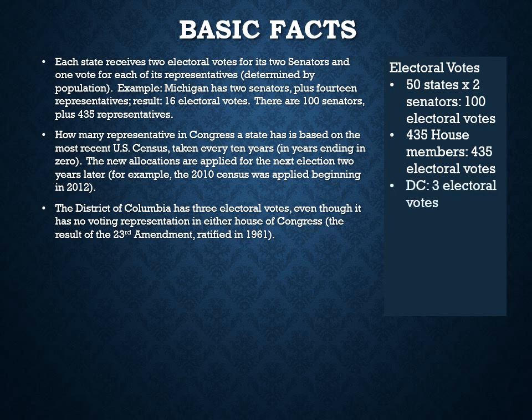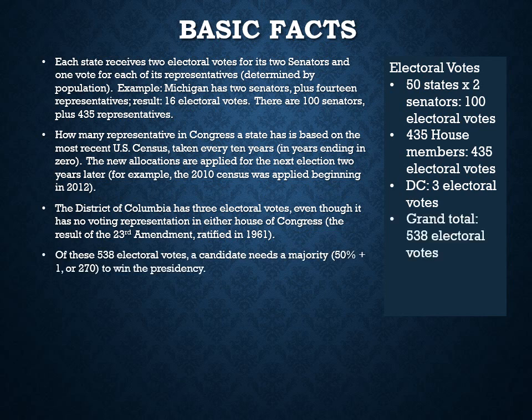So if you add those 3, you get 538. That's the total number of electoral votes. And the Constitution says a candidate needs a majority of those electoral votes, defined as 50% plus 1, to win the presidency. And that means 270 electoral votes are necessary to be elected president.